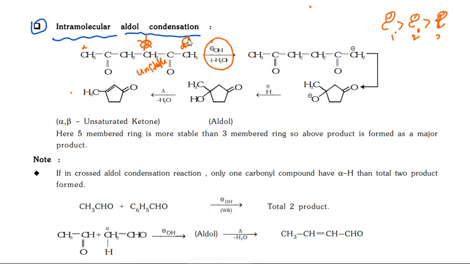This C minus acts as a nucleophile and attacks this carbon. The pi bond goes to oxygen as O minus. So in between, a ring-like formation happens; you can see the ring formation here.